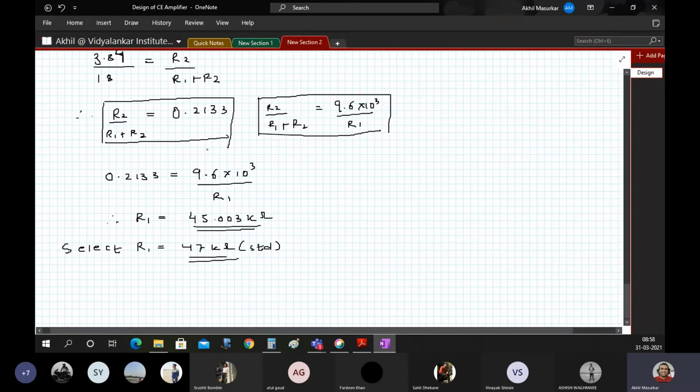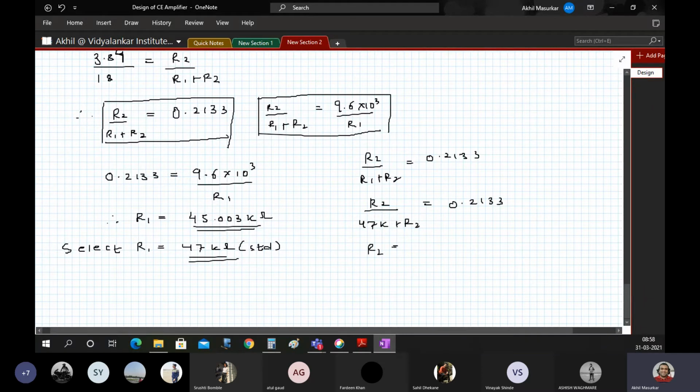Now we know the value of R1, so we can calculate the value of R2. We can use any one of the formulas. So R2 upon R1 plus R2 is 0.2133. So we can write here R2 upon 47K plus R2 is 0.2133.